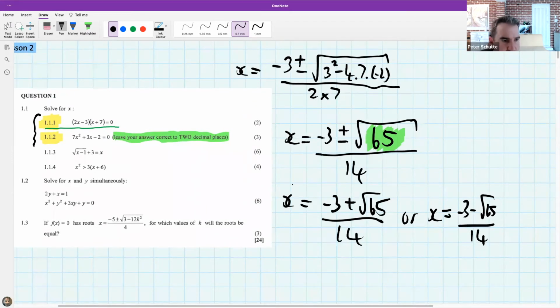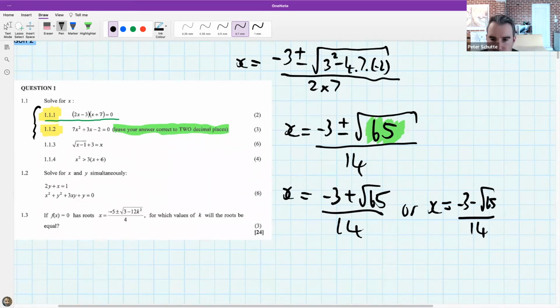Minus 4 times A times C. I'm feeling pretty good about that. Let's have a look. 7 times 2 is 56 plus the 9. Yeah. Minus 3 plus the square root of 65.